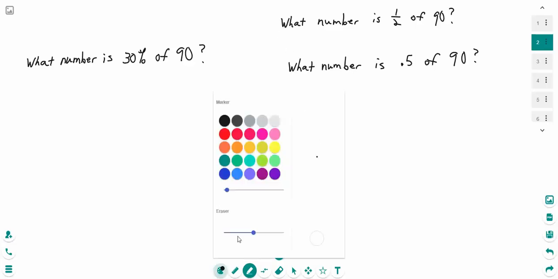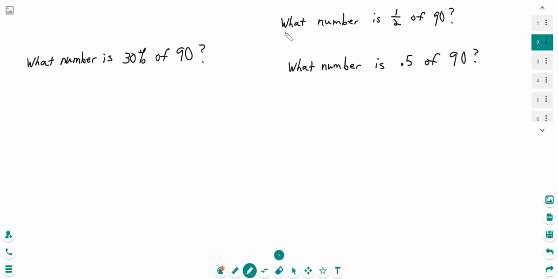And if you recall, I told you to think about the unknown, the what number, as a WN to represent what number. The is always equals. Then we have the 1/2. And remember, I've always told you of almost always means multiplication in story problems. So we have 1/2 of 90. It's 1/2 times 90.